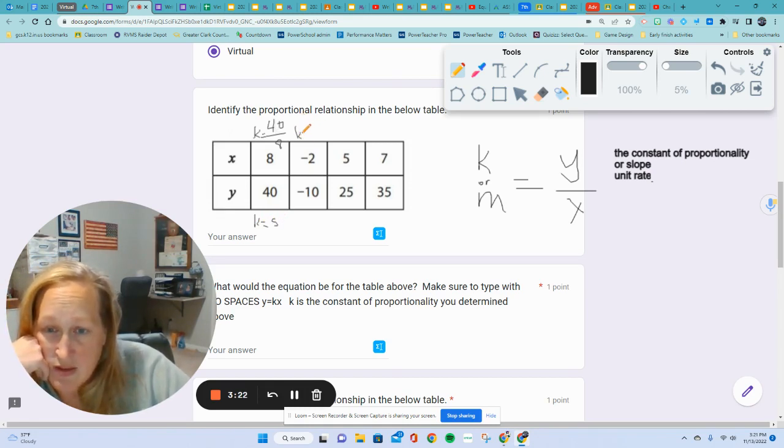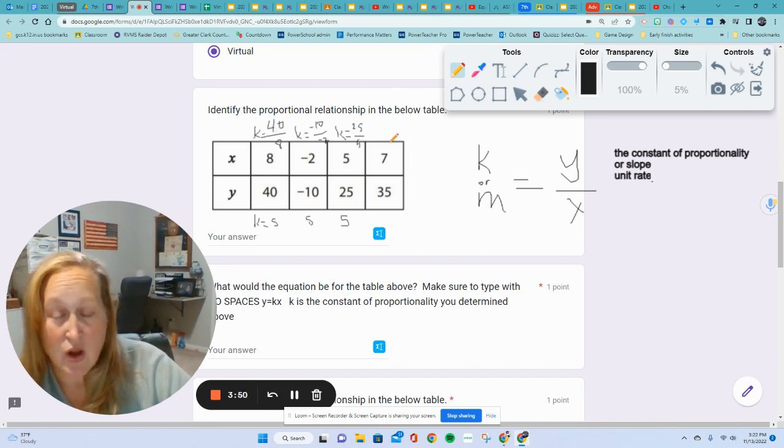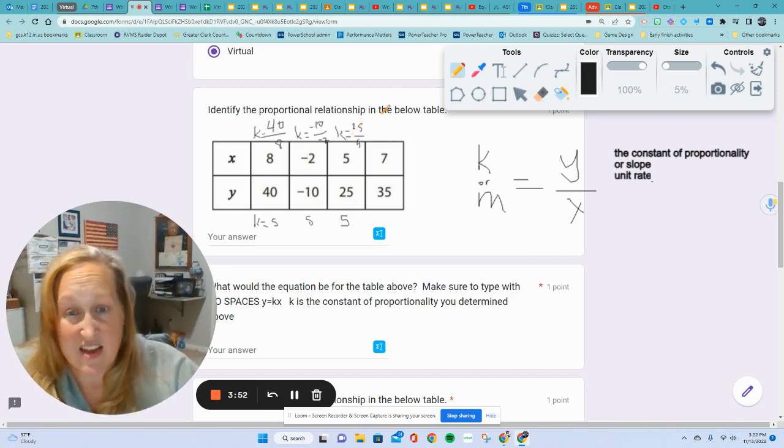So K equals y on top, negative 10, divided by negative 2. Well, 10 divided by 2 is 5. They're both negative, so it is also 5. Okay, we're going to do this one, and then I'm going to make the assumption that I don't have to write it anymore. I'm going to put y on top, which is 25, over the 5. 25 divided by 5 is 5.